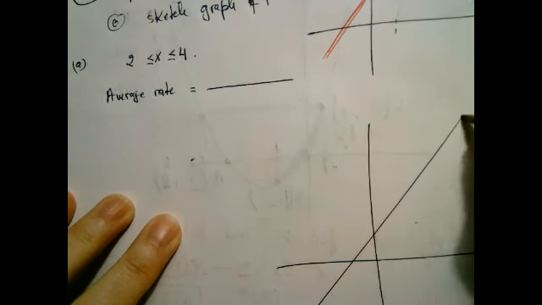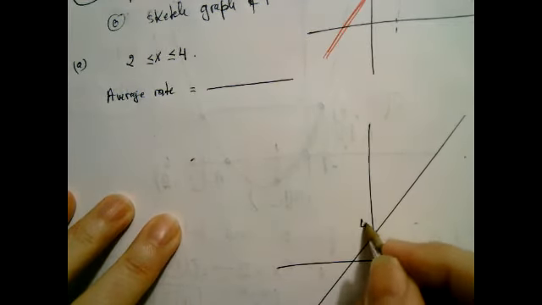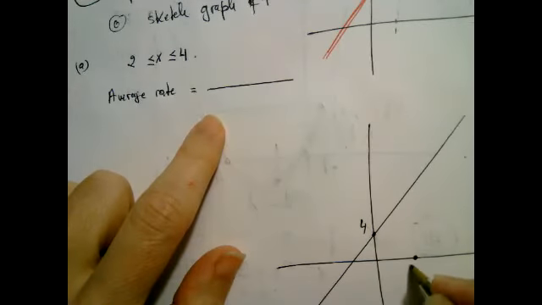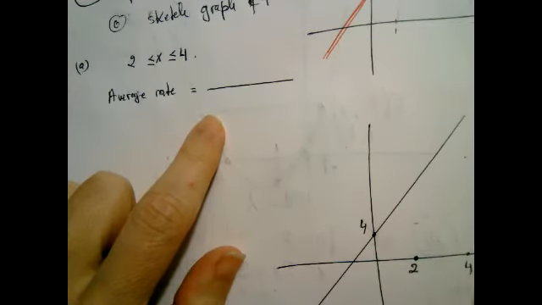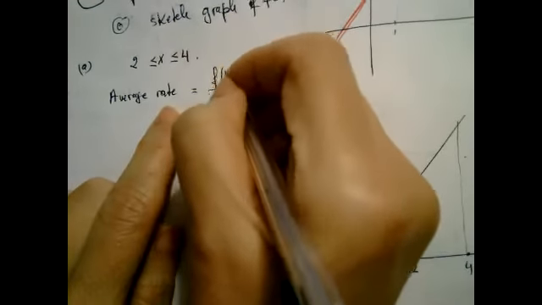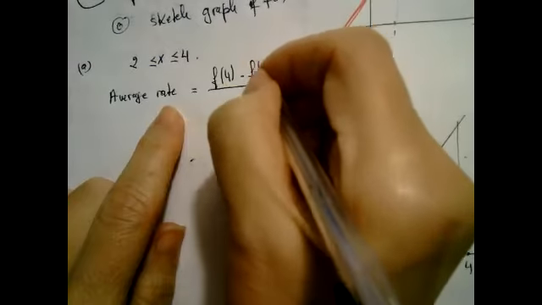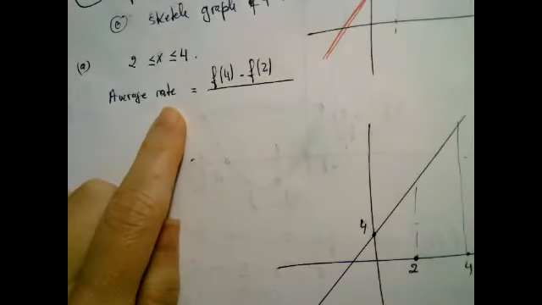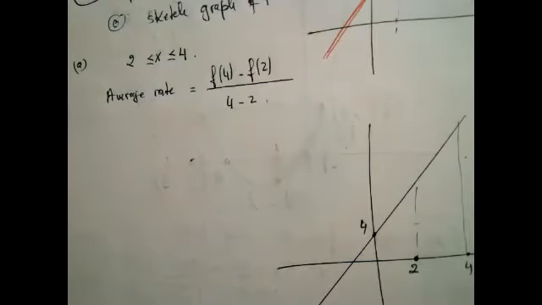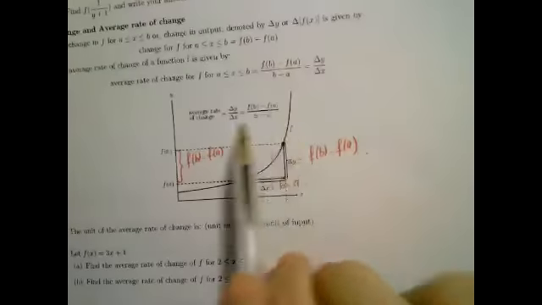This is my function here, that's a 4. They want me to find the average rate between 2 and 4. That's a 2 and a 4. So how do we find the average rate? It's the value of the function at 4 minus the value of the function at 2, divided by 4 minus 2. I'm applying the formula verbatim: f of b minus f of a over b minus a.